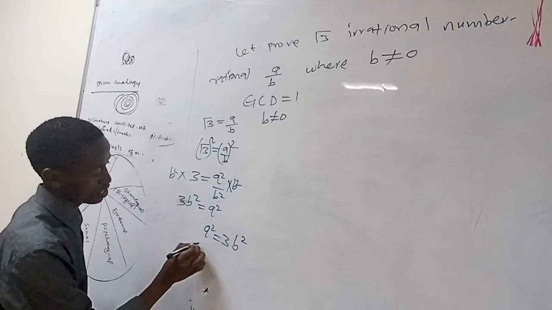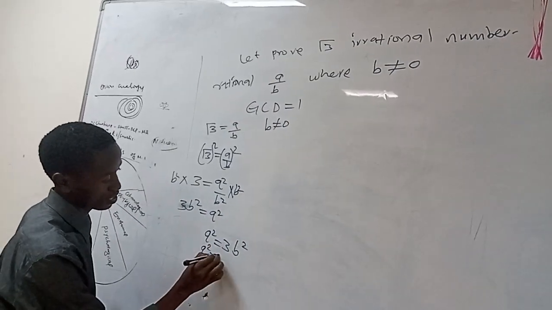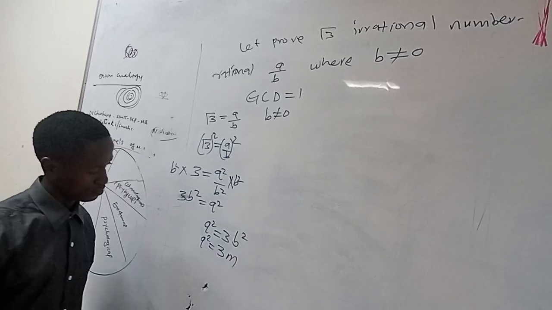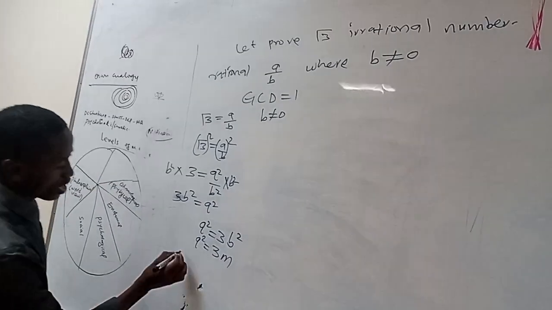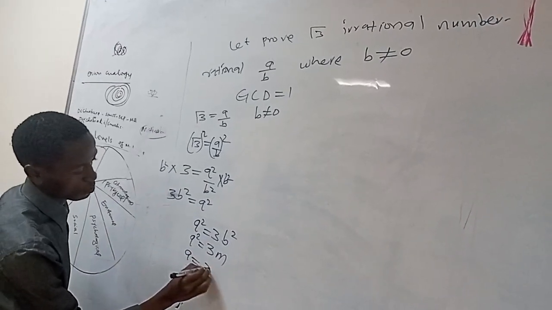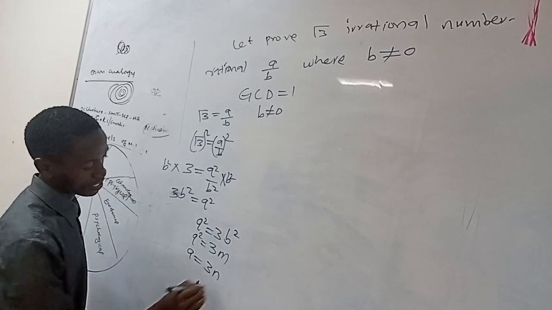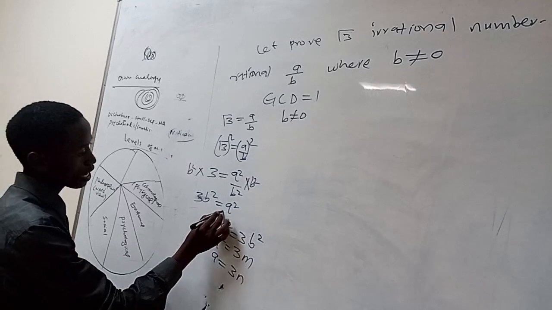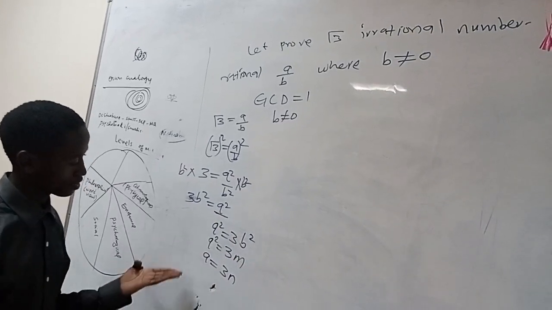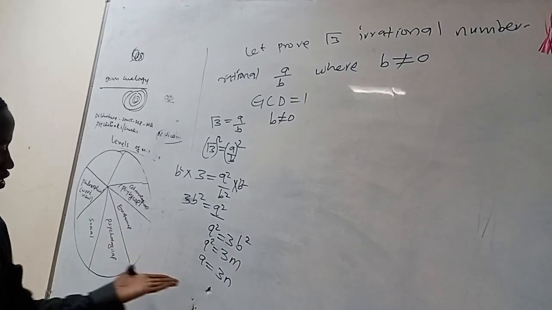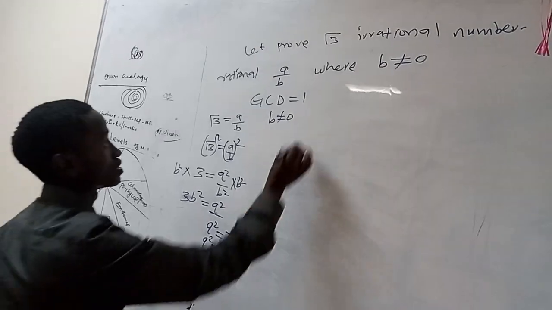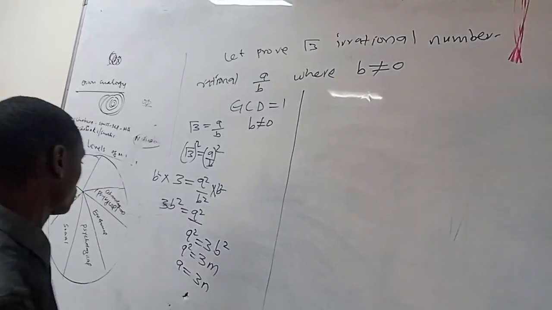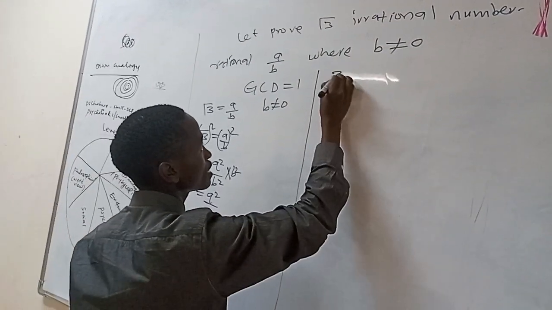You can just assume your a squared is like 3m, which means our a also is a multiple of 3. You can just write it as 3n. So once again, go back where you have your a, and replace it with 3n.